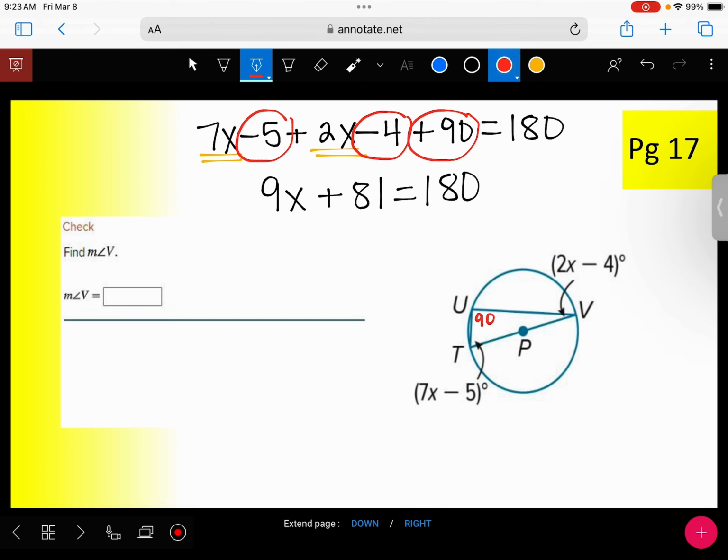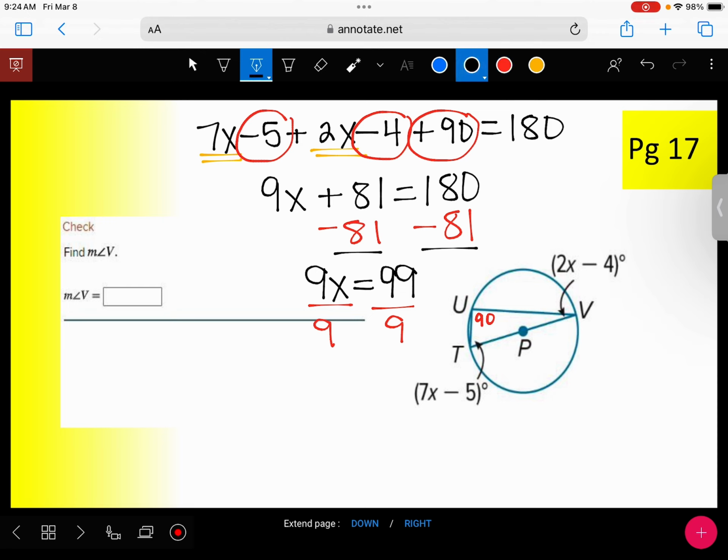And then what would be my next step? Subtract the 81. Good job. Which should give you 99. And then divide by 9. So who had x equals 11? But is that the answer?